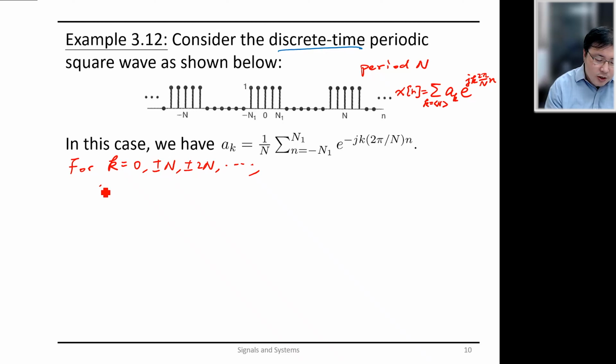We have the coefficient ak equal to 1 over N times a summation of 1s, because if k is equal to 0, the exponential is just 1. So we're summing over 2n1 plus 1 terms of 1 divided by N. To save space, let me write this up here.